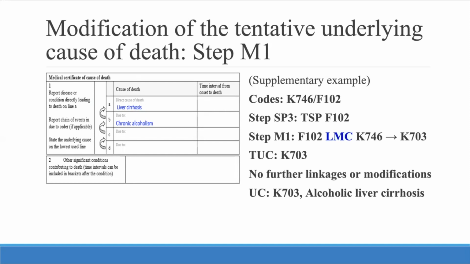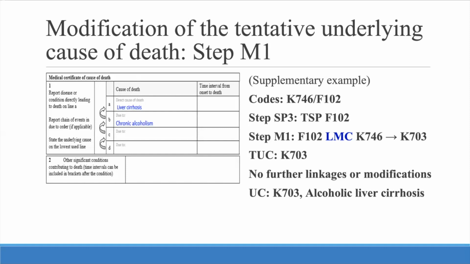Checking for special instructions, we would find one that combines the tentative underlying cause of F102 with K746 to produce the code K703, alcoholic liver cirrhosis.